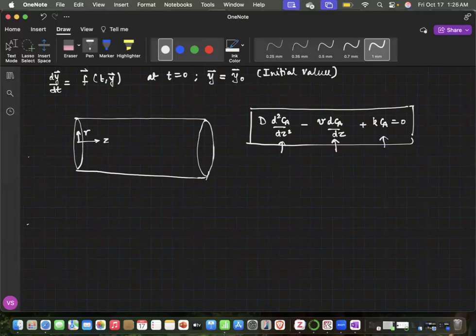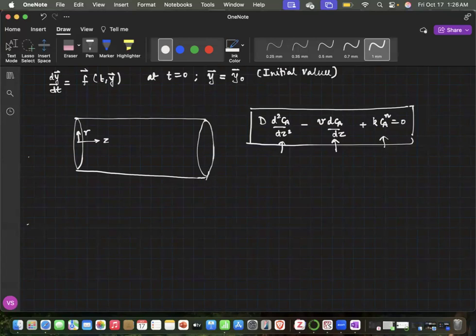And let's not consider a first order reaction. Let's take a generalized case, C_A to the power n. Now we are going to try and solve for the concentration profile, right? So this is the problem that we have.